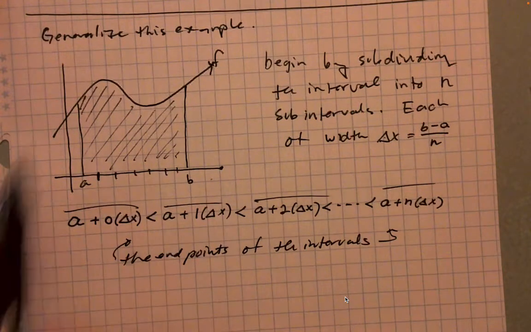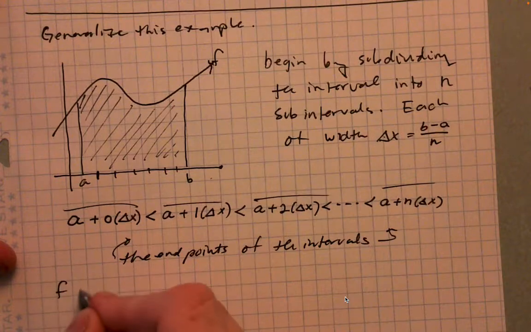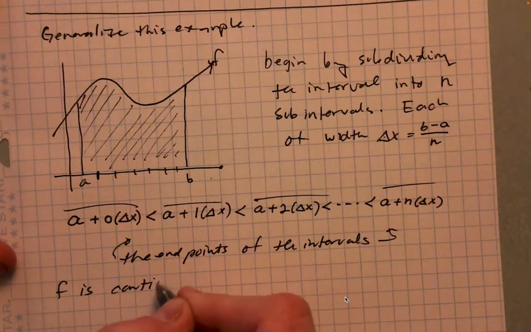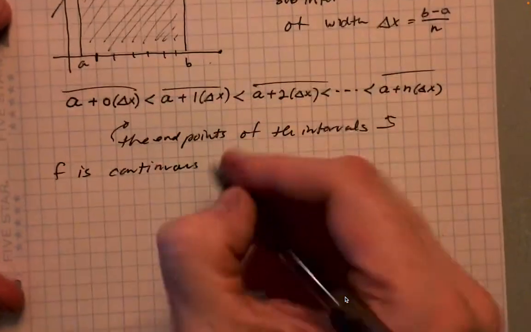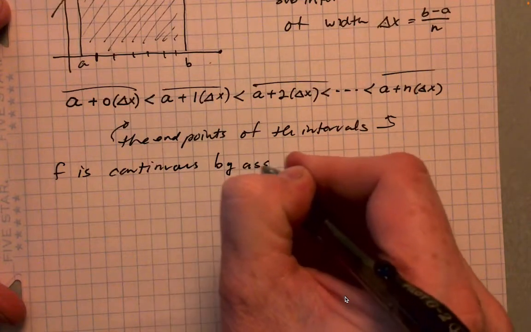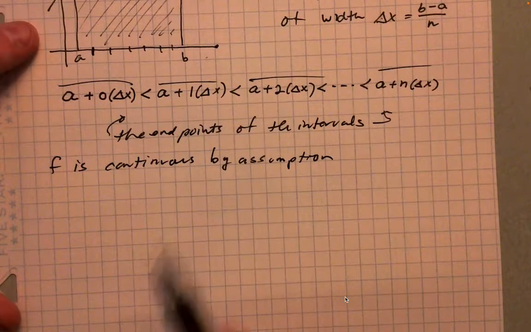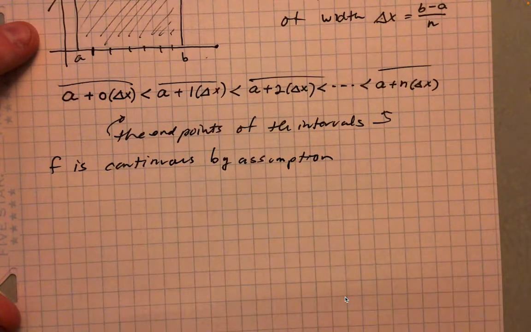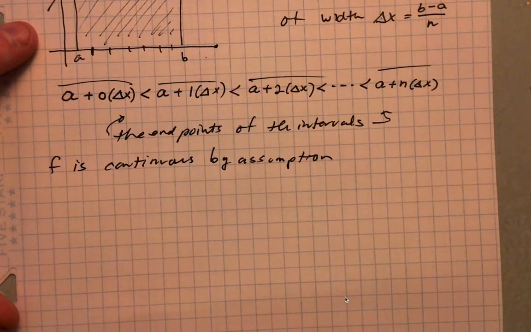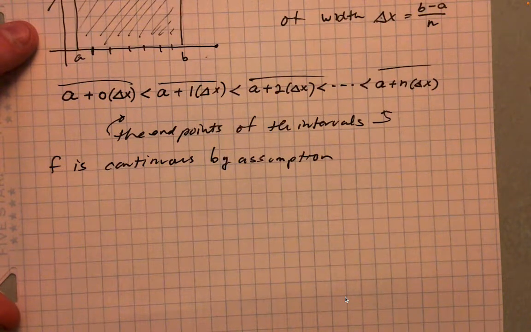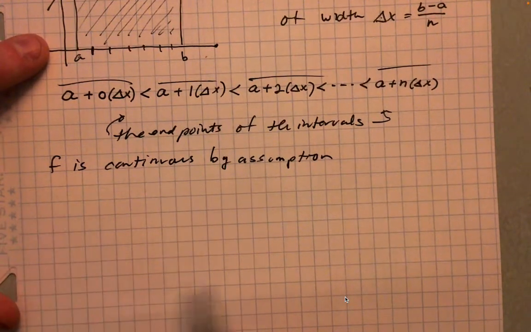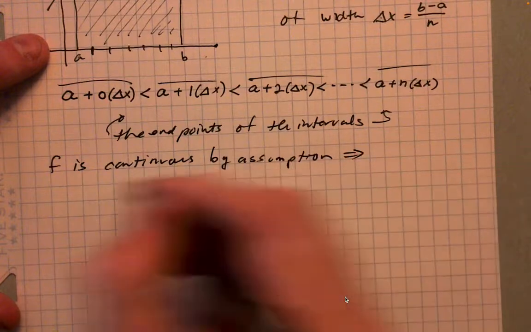Now, f is a continuous function, so that's important. By assumption, we're going to assume that f is continuous. It needs to be continuous in order for this process to work. F being continuous means that there's going to be a max and a min value of f for each interval.